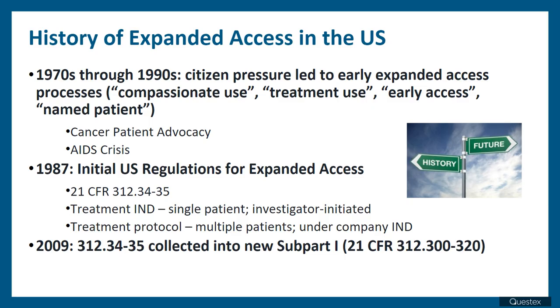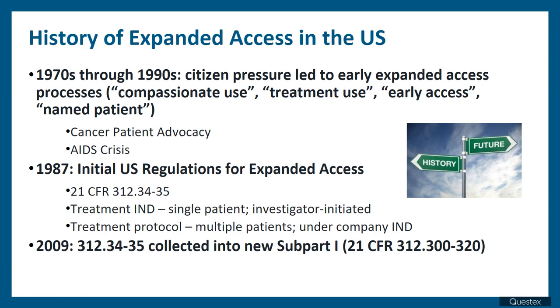This really goes back to the 1970s with a period of time in which citizen pressure arising out of patient advocacy, for example, for patients with cancer, and the AIDS crisis that arose back in the 70s, 80s, through the 90s, led to early expanded access processes.